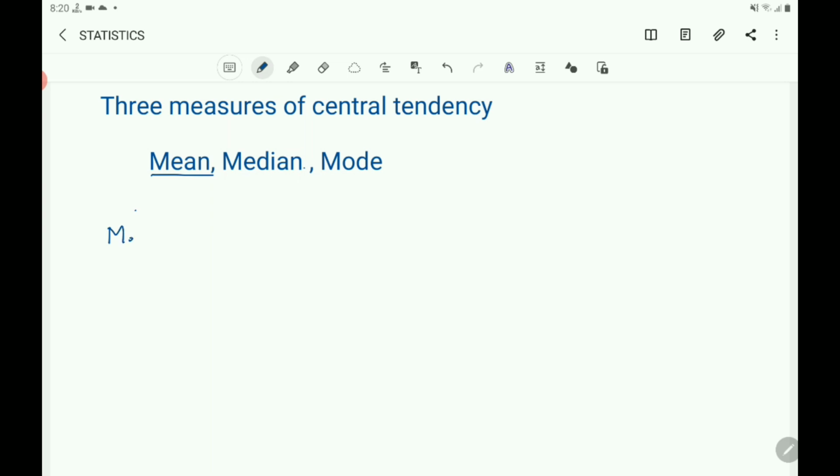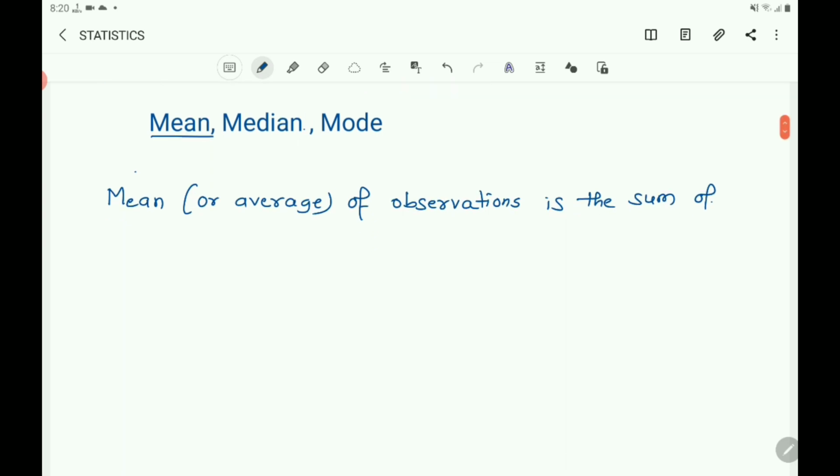What is mean? Mean is also called the average.